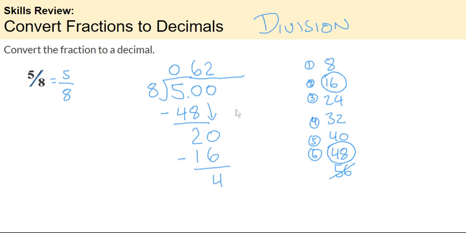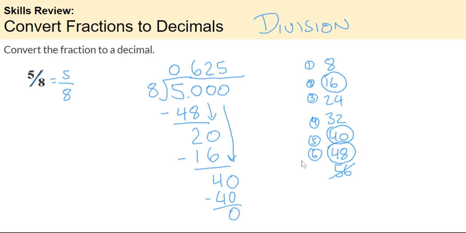Let's do it one more time. Let's add another 0, because 5.000 is the same as just 5. I got 40. What is 40 divided by 8? I have a perfect one there, no remainder. I can take out 40. That means I'm taking out 5 sets of 8, and I am done.